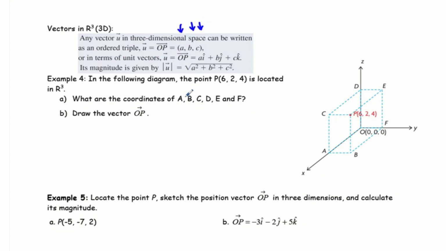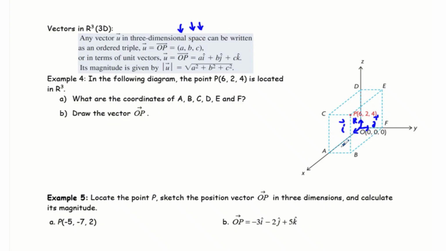And the unit vector form is: the x unit vector is i, the y unit vector is j, and the z unit vector is k.